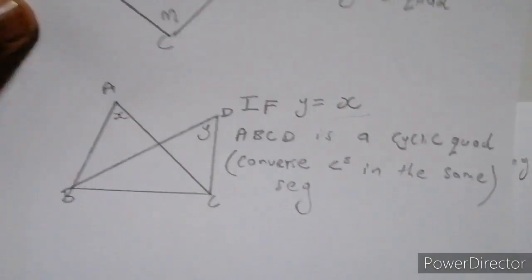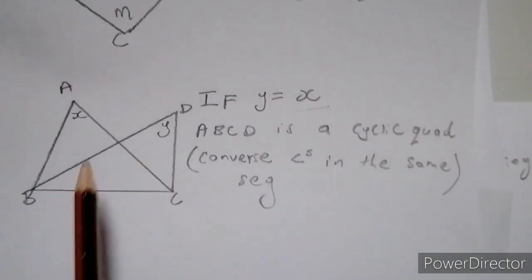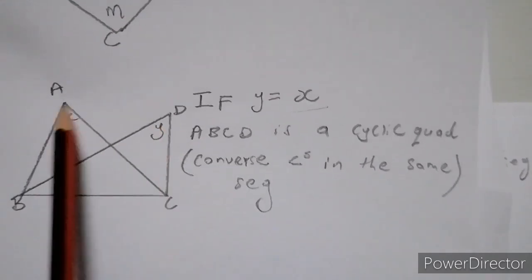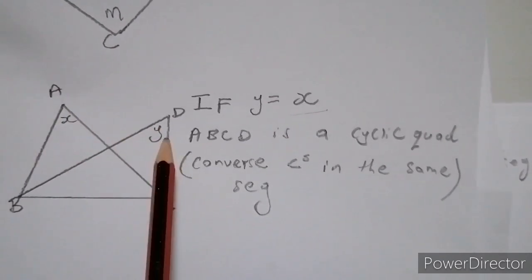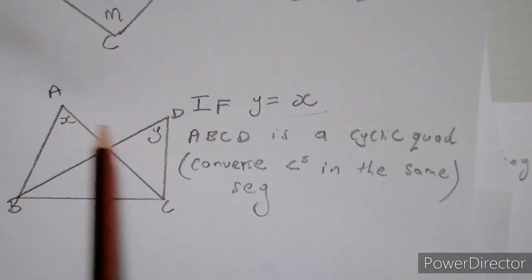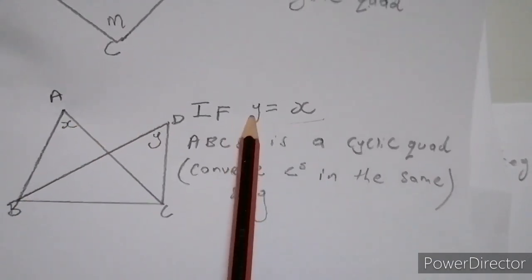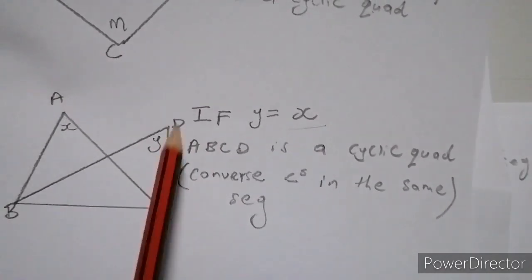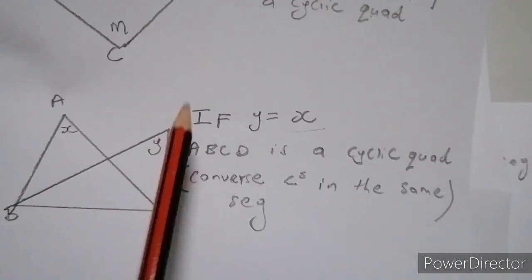Now, the last one. If a line subtends equal angles on the same side, if we have a line subtending equal angles on the same side, if y is equal to x, then we can conclude by saying ABCD is a cyclic quadrilateral.